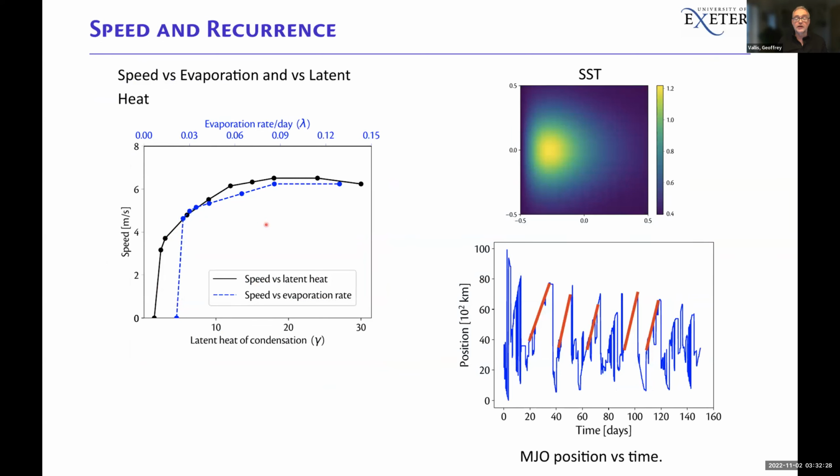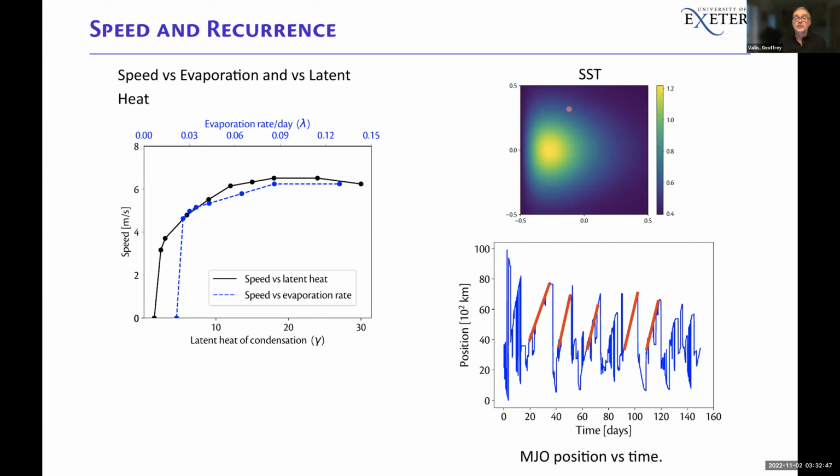it turns out that the speed of it is dependent upon things like how much latent heat release there is, what the evaporation rate is, and so on. And if there's no evaporation at all, of course, you don't get any. You don't get an MJO.